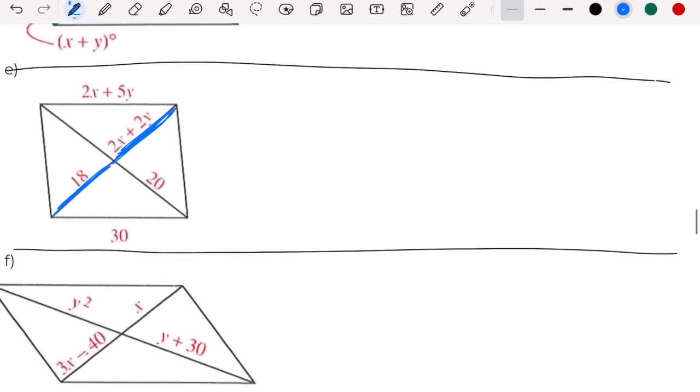I'm going to put it in the same color. 2x plus 2y is the same as 18, and 2x plus 5y equals 30. Now, there are so many ways in which we can solve this system of equations with two variables.